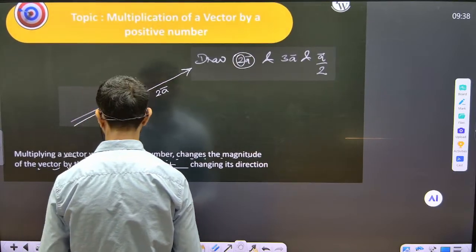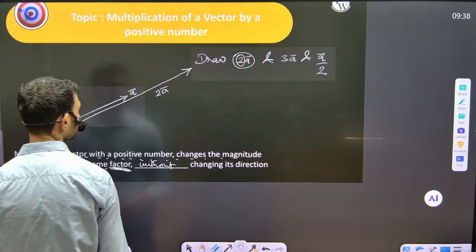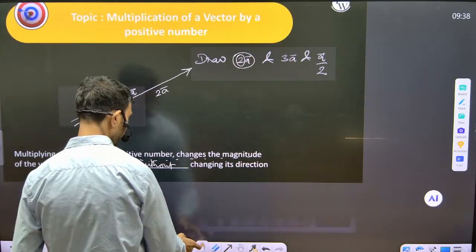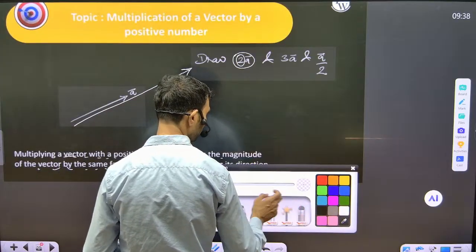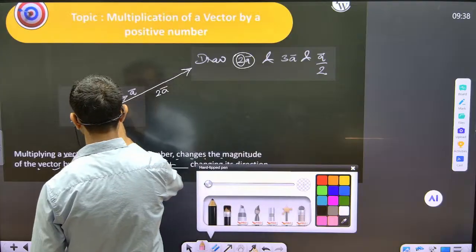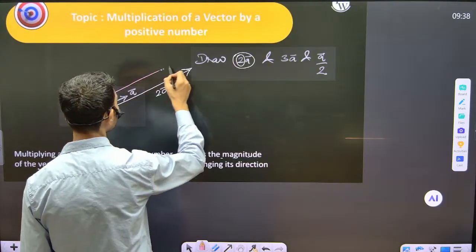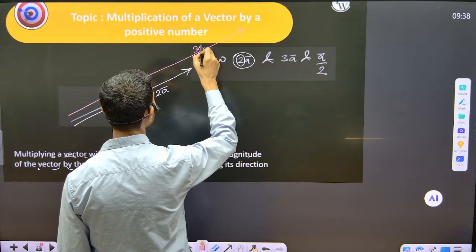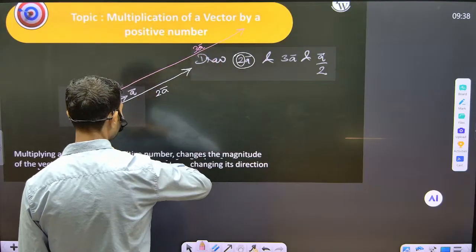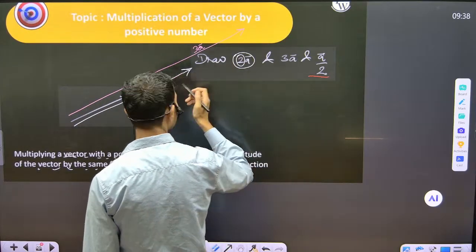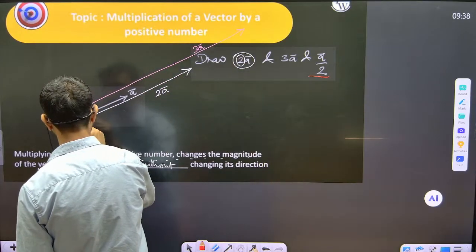Okay. What about 3a? 3a will be 3 times, without changing the direction. And what about a by 2? A by 2 will be, as it says, half of that vector.